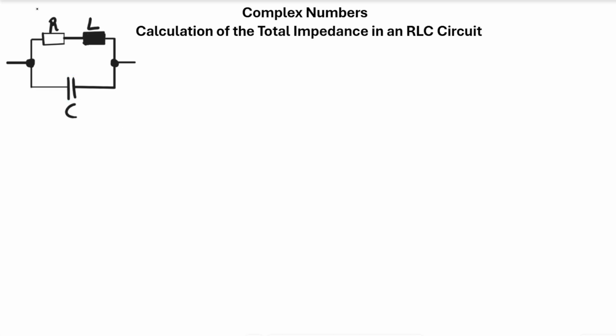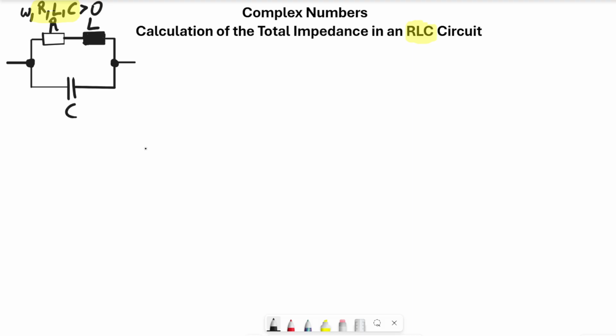First of all, the omega is given, the angular frequency, the resistance R is given, the inductance L and the capacitance C is given, and they are all positive fixed numbers. So this order is important also in the calculation. So you see here RLC circuit is given and also here RLC, and it would be good if you stick to this order.